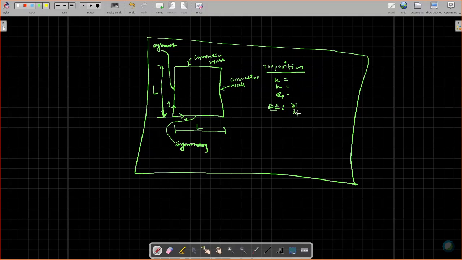Del theta, in non-dimensional form, del theta del x square. It depends on your problem. If your problem says that you have to do non-dimensionalization, you can do it.